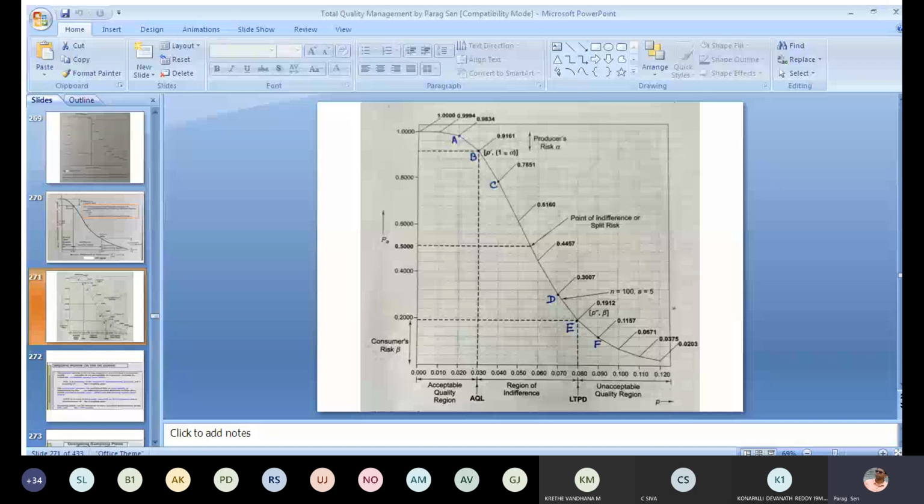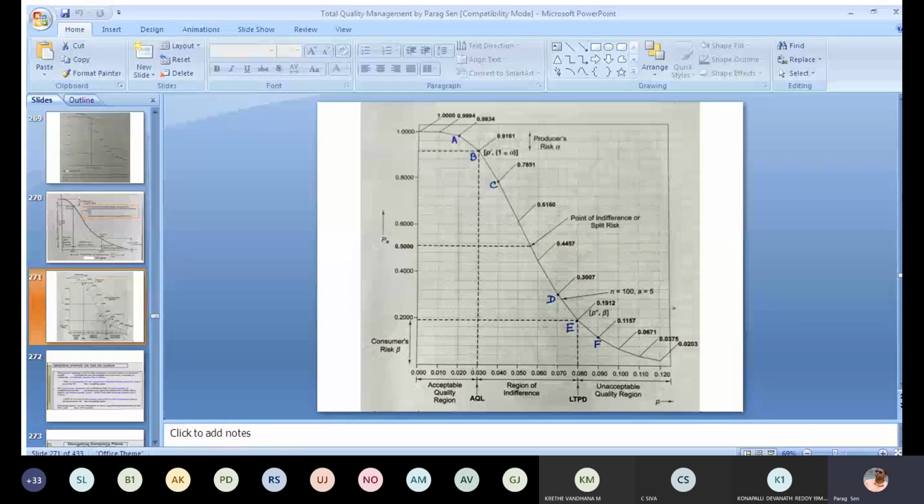It may happen. This is very natural. So what will happen? The consumer will accept the lot even if it is actually a bad lot. So this is known as consumer's risk, because the consumer has accepted a bad lot.